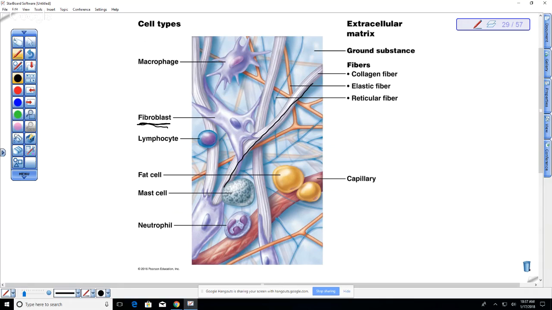And we can sometimes see collagen fibers when we have scar tissue, because sometimes when our tissue repairs itself, it doesn't regenerate, but it puts down fibrous connective tissue, which has collagen in it. So if you have a white scar, then what you're visualizing in that scar is the collagen fiber. So you'll notice that the elastic fibers are darker in color, so they're not white. Okay, and then we have the reticular fibers, which are branched.